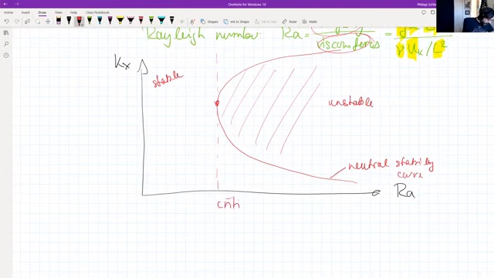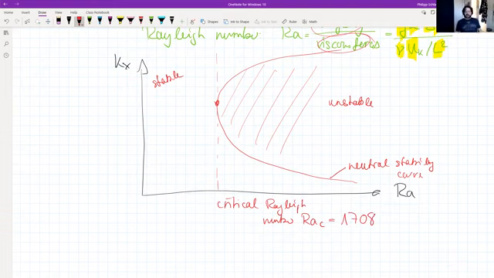So that would be the critical Rayleigh number, and that is typically called Ra_c for critical Rayleigh number. And using mathematical tools and eigenvalue analysis, you can actually calculate that, and this critical Rayleigh number is 1708.